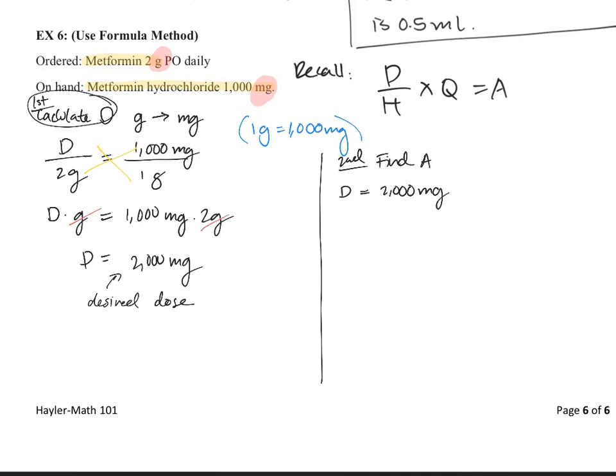That's what we solved for in the first step. And then we need the dose on hand, which is 1,000 milligrams. And lastly, we need Q, which is our dosage unit. And the dosage unit is 1 tablet.